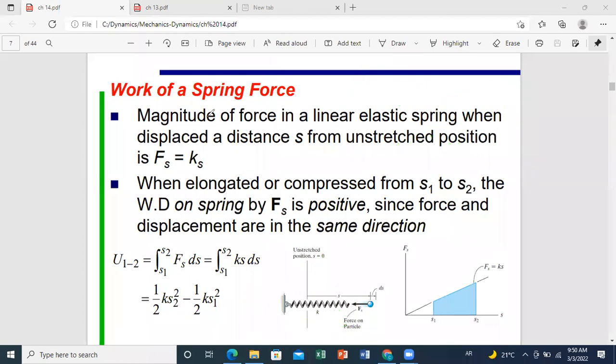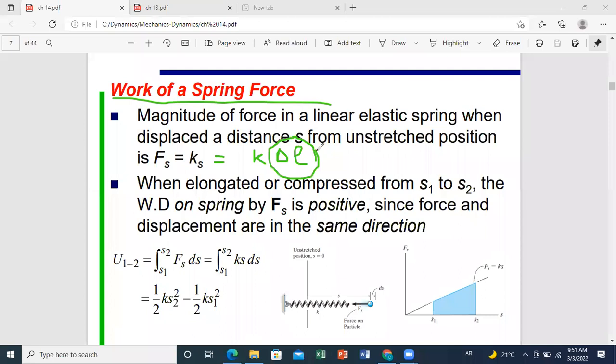So now, concerning the work of a spring force, we also encounter a lot of springs. So we should be familiar with the expression of the work of a spring force. For a spring, the force developed is K times delta L. You are already familiar with the spring force expression. It depends on the stretching or compression of your spring.